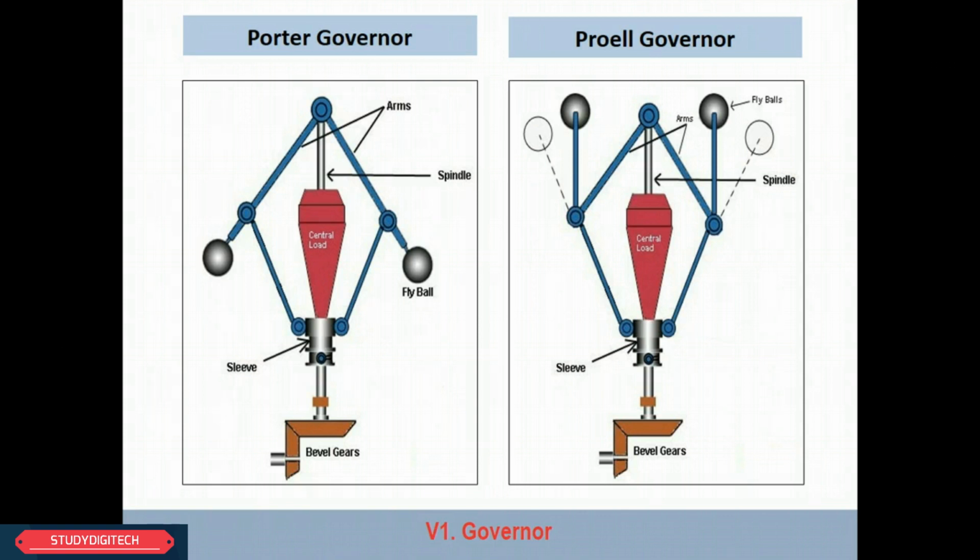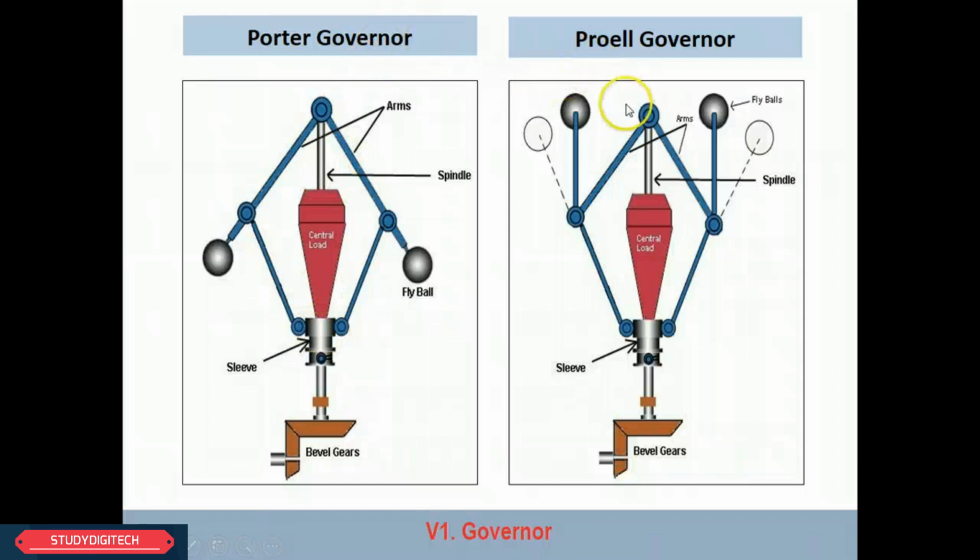The Porter governor is a modification of the Watt governor. The only difference is that a central load is attached onto the central sleeve. So the load moves up and down on this sleeve. So this is about the Porter governor.